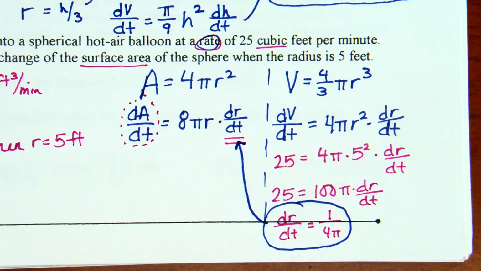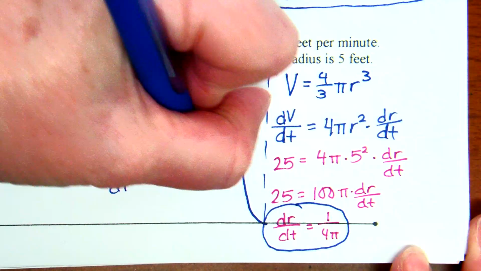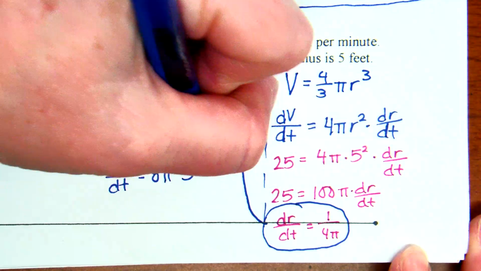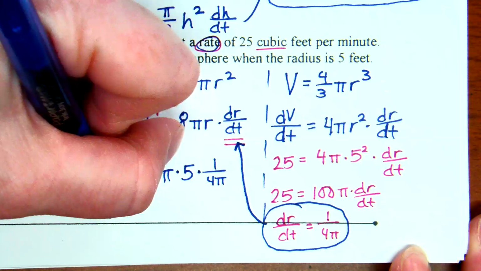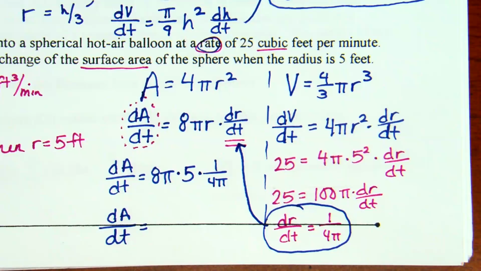So, dA/dt is 8 pi, what am I using for r again? 5 times dr/dt, which is 1 over 4 pi. Clean it up and you're there. 8 times 5 is 40. 40 divided by 4 is 10.